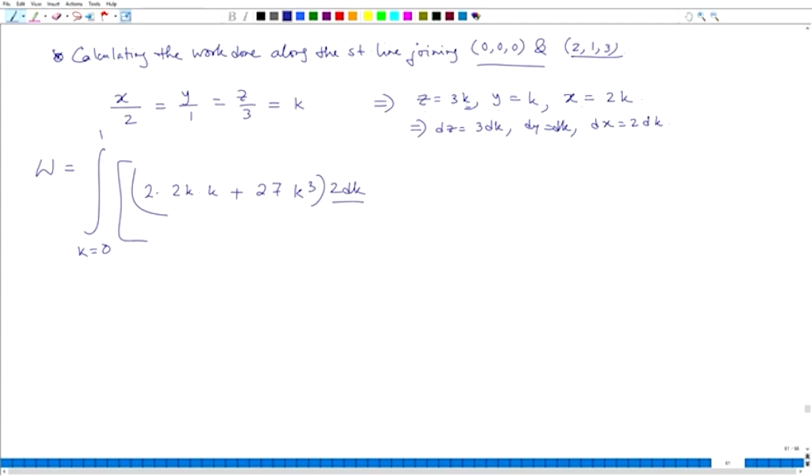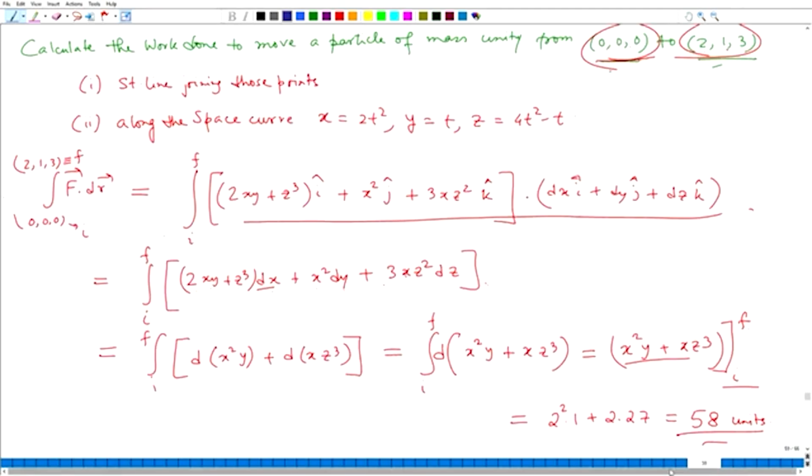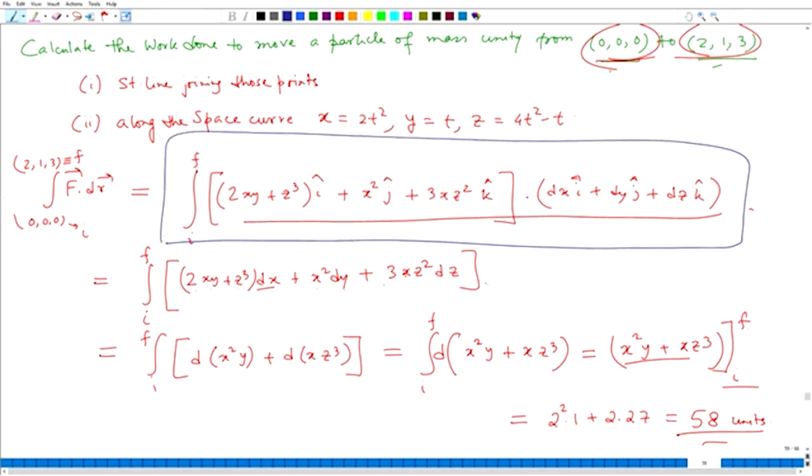Okay. So, another term will be 4k squared dk plus 3 times 2k times 9k squared times dz, which is 3 dk. Okay. Here what I have just done is, I have written this expression in terms of k.